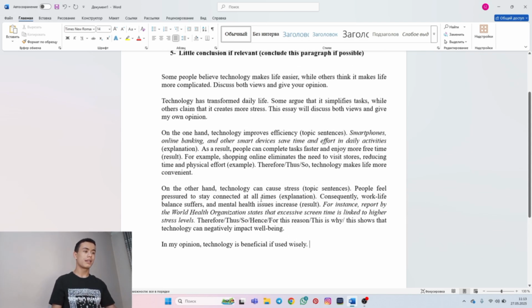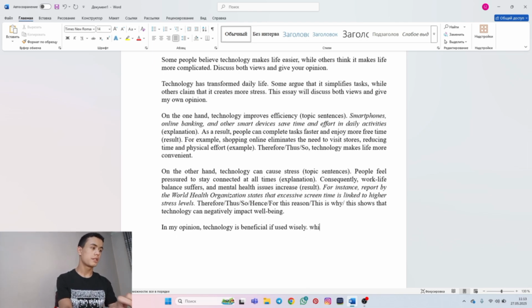We are giving this body's topic sentence here, but in a different way. For example, we can use technology in order to do tasks faster than people do.